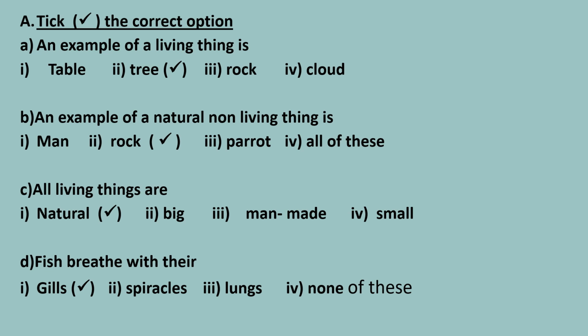And human beings and animals like cow, horse, lion breathe through their lungs. So the answer is gills. Fish breathe with their gills.